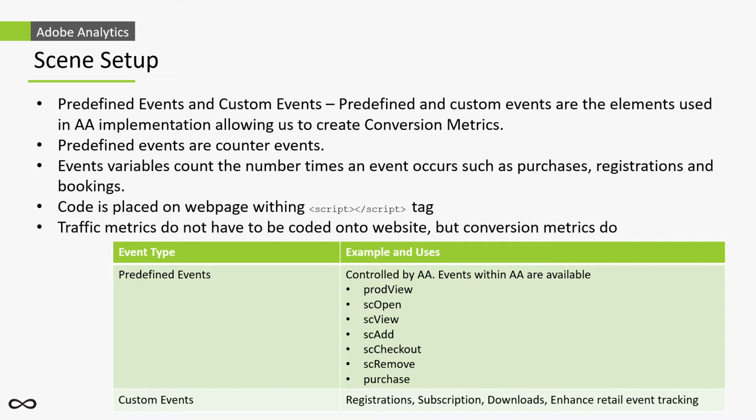Internally, Adobe Analytics maintains the counter for each predefined event. However, custom events have to be maintained by us, and they can be configured within the custom events tab, where you can define and name each and every event, like event 1 for registration, event 2 for log off and so on.